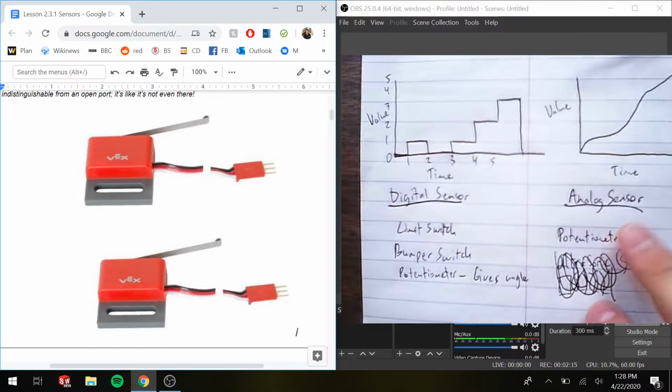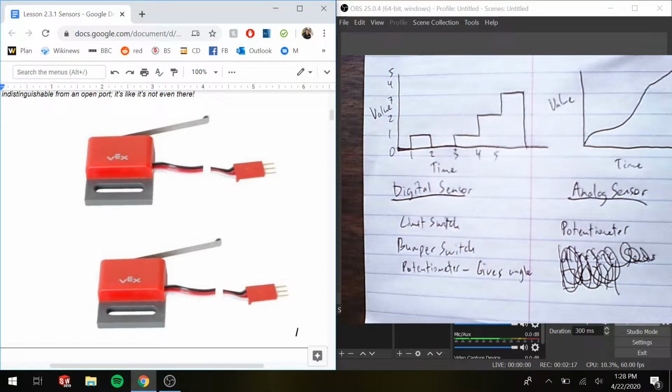Some examples we talked about of digital sensors were limit switches and bumper switches. And we talked about how a potentiometer, which gives angle, could be used as a digital or an analog sensor. It really depends on the application.